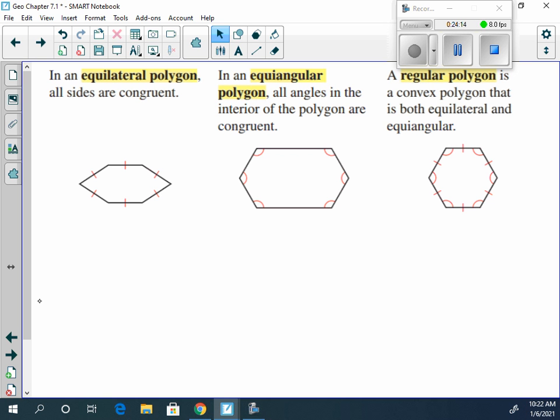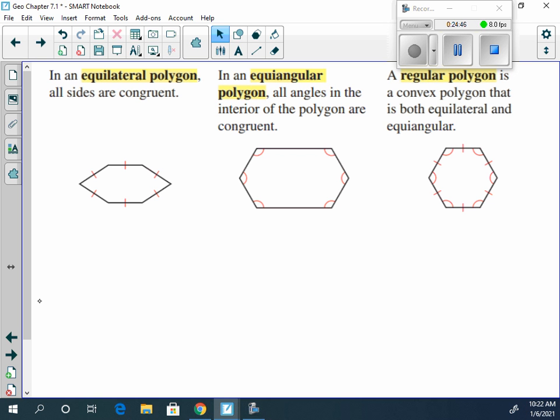So let's modify the sum of the interior angles. If I want to know one angle in a regular polygon, well, I know that n minus 2 times 180 will give me the sum of the angles, because it doesn't matter what they are or how they're all aligned. But I know in a regular polygon, they're going to all be equal, yes?